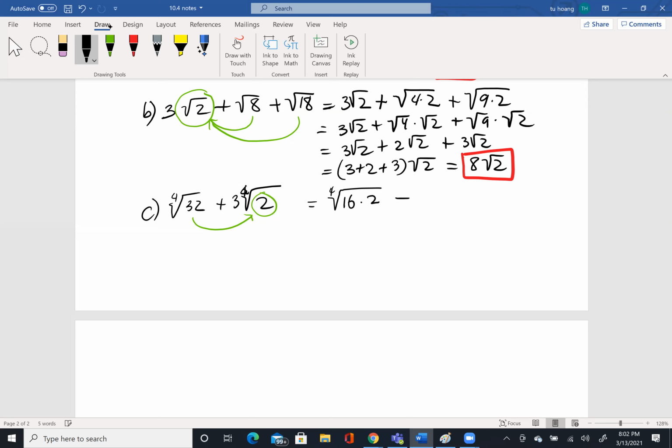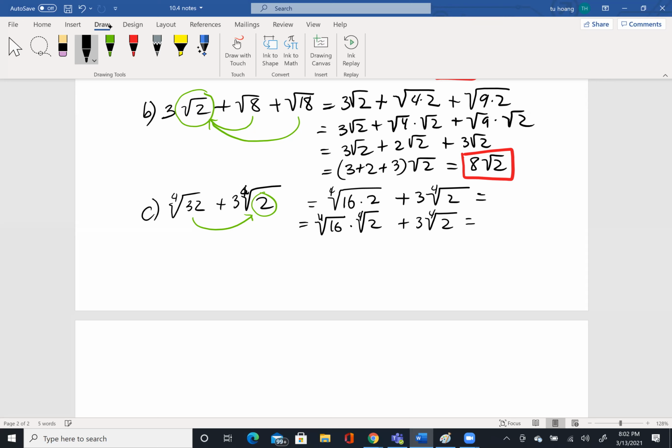And then plus 3 4th root of 2. Let me rewrite it down here. I have 4th root of 16 times 4th root of 2, plus 3 times 4th root of 2.